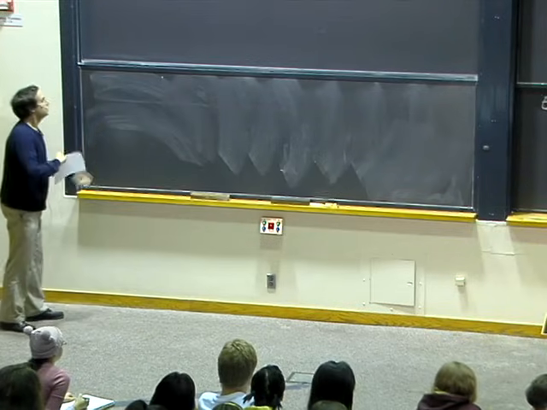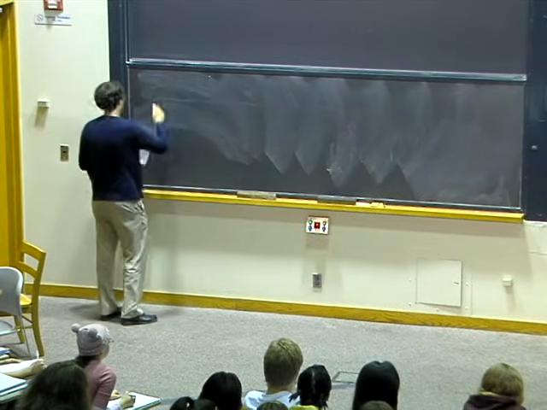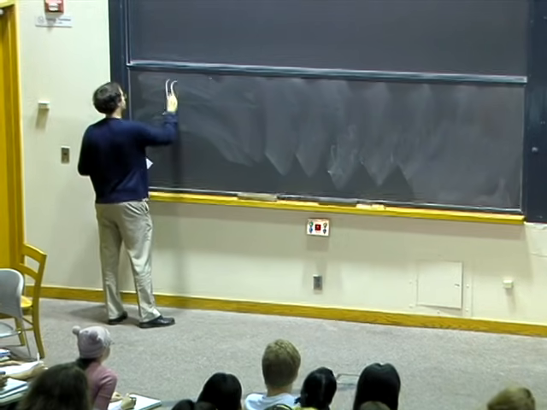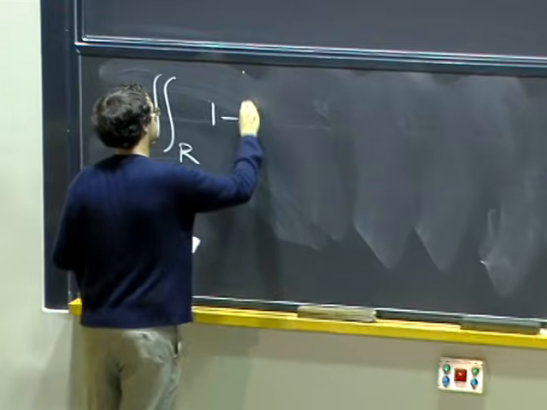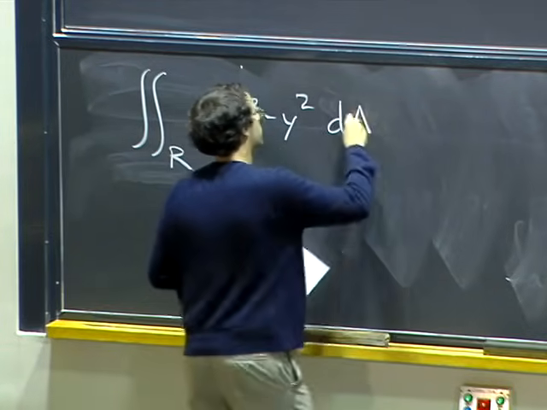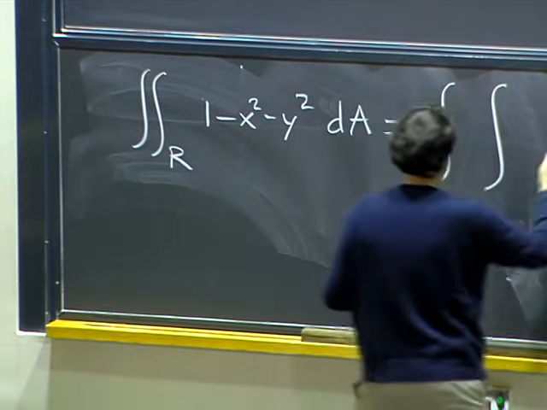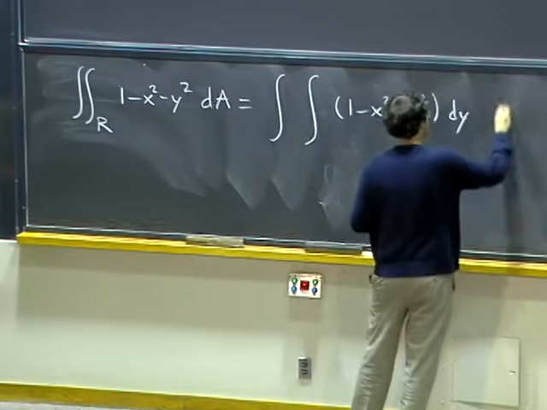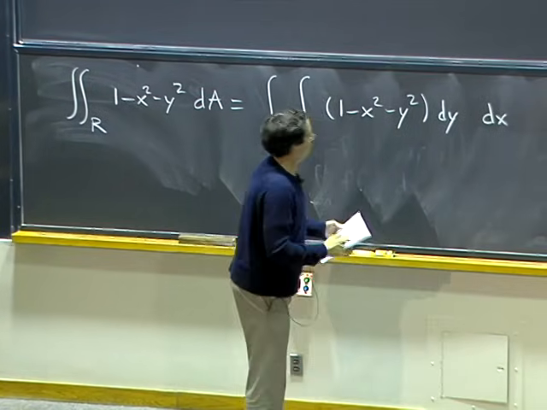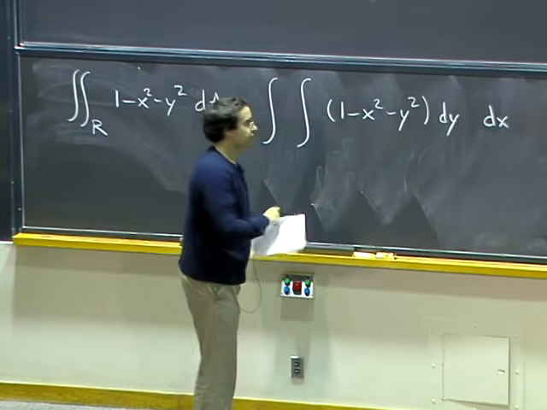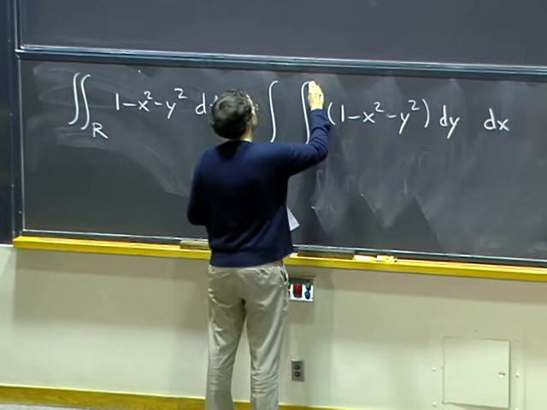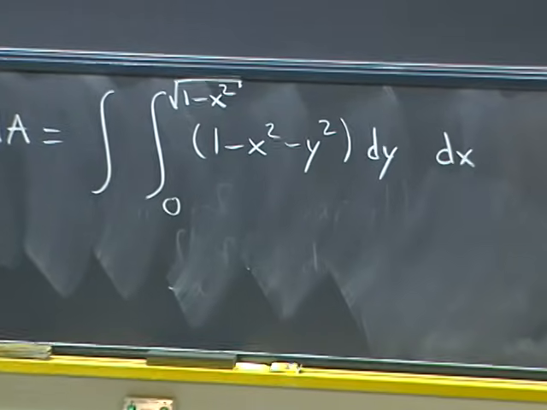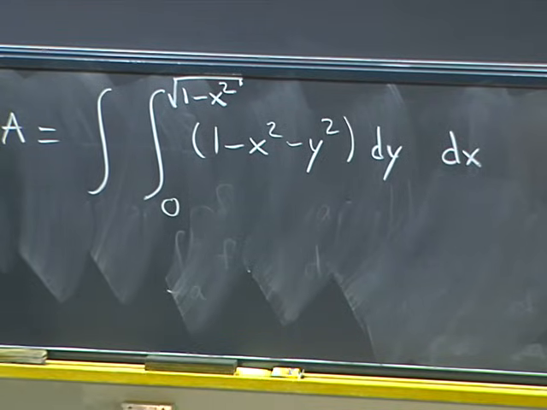So I claim that what we'll do is write this as an iterated integral. First dy, then dx. And we said for a fixed value of x, the range for y is from 0 to square root of 1 minus x squared. What about the range for x?